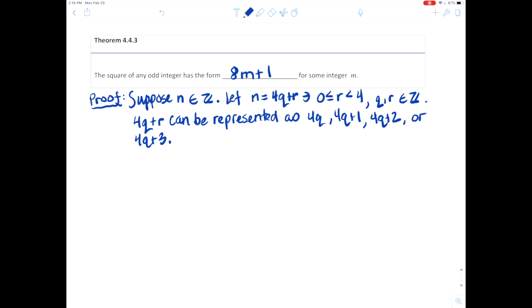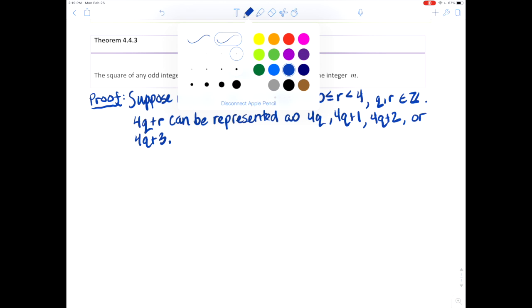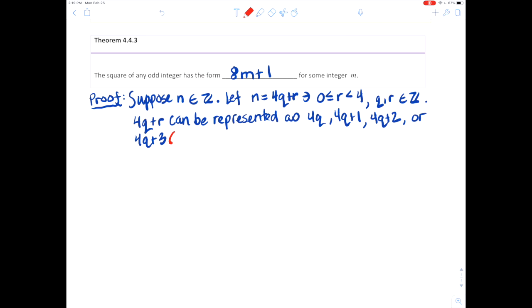And this is due to that cool theorem, the Quotient-Remainder Theorem, which is number 4.4.1. Alrighty, so since n is odd, n must be equal to what?